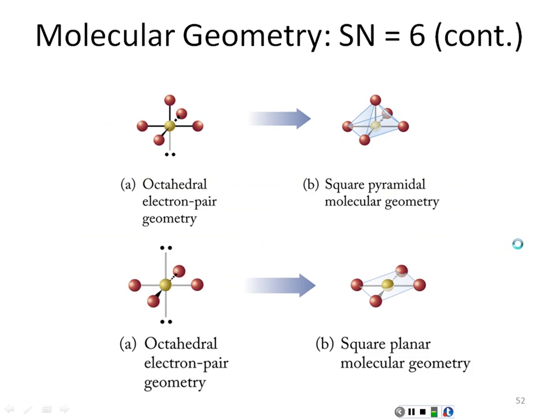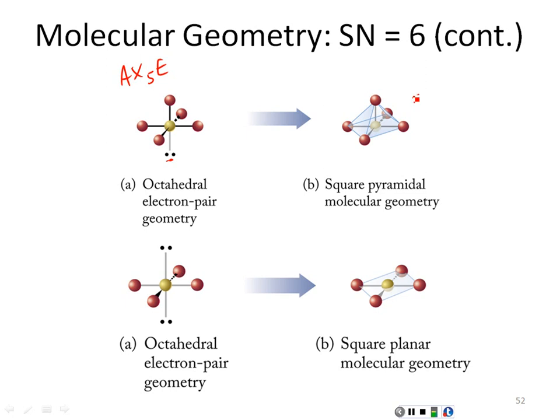And what do those look like? Well, the three-dimensional shape, if we had AX5E1, we would get a square pyramidal molecular geometry shown here.